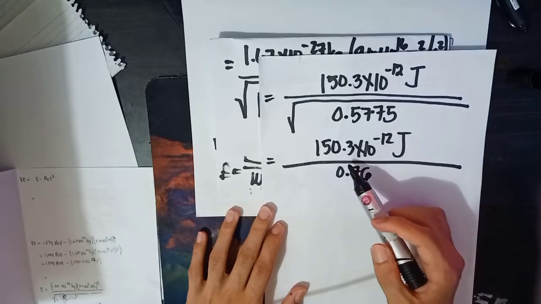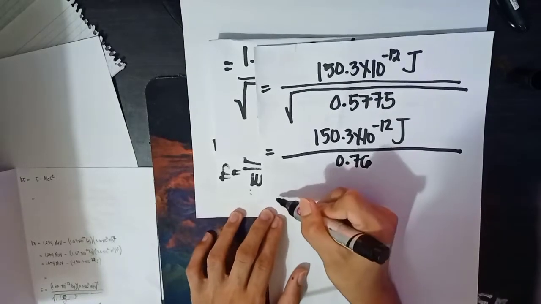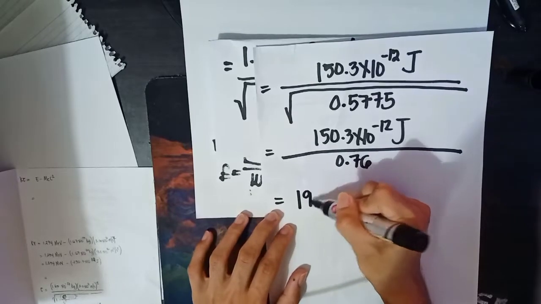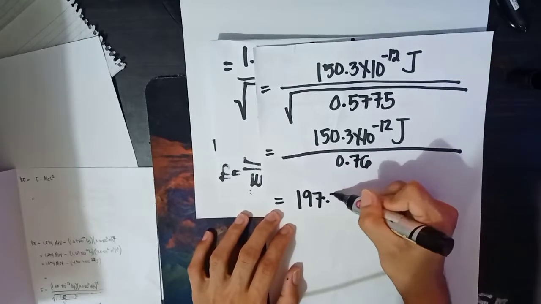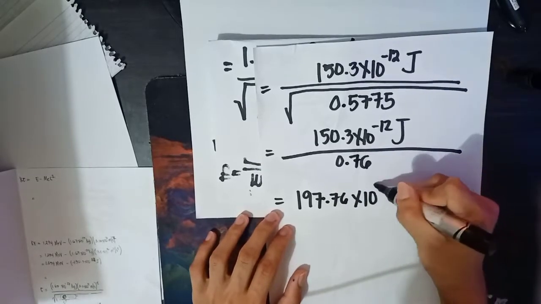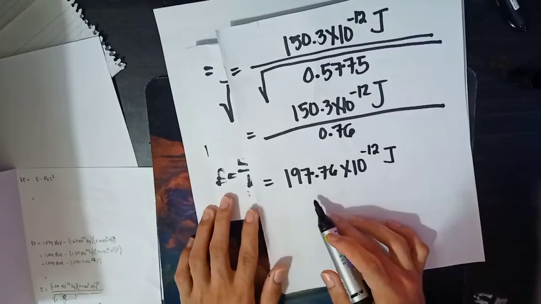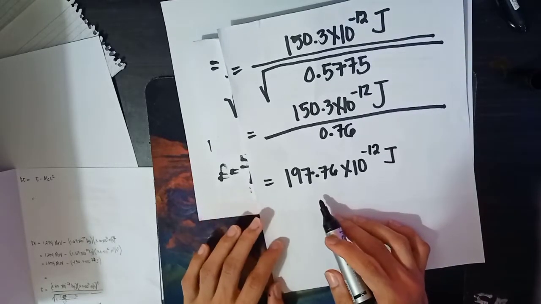Let's divide 150.3 times 10 raised to the power of negative 12 joules by 0.76. That is 197.76 times 10 raised to the power of negative 12 joules. So we have now our relativistic energy.